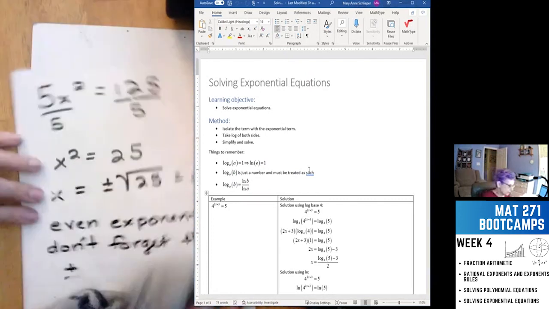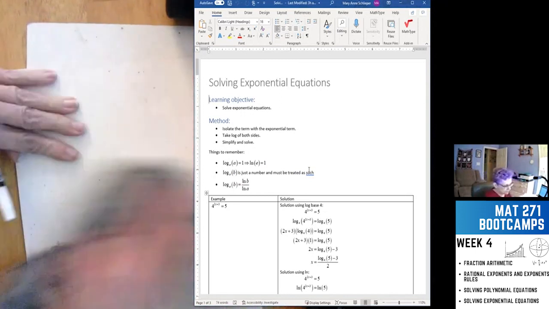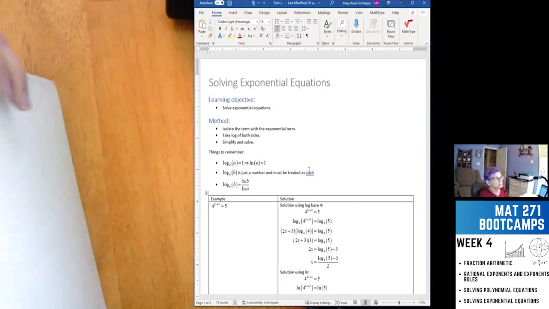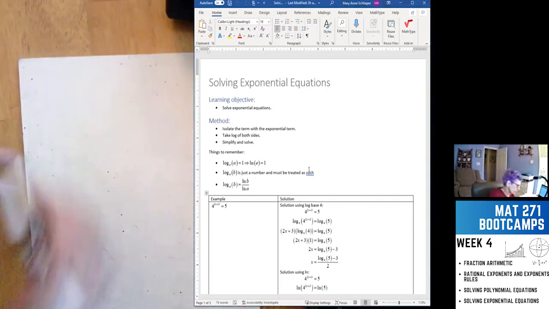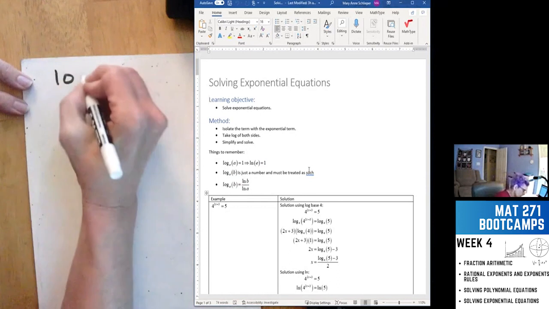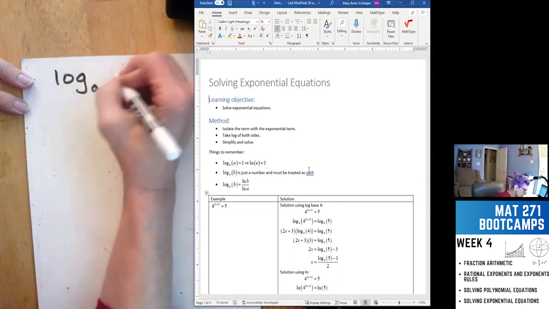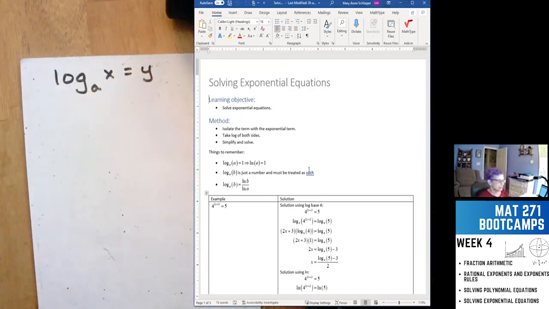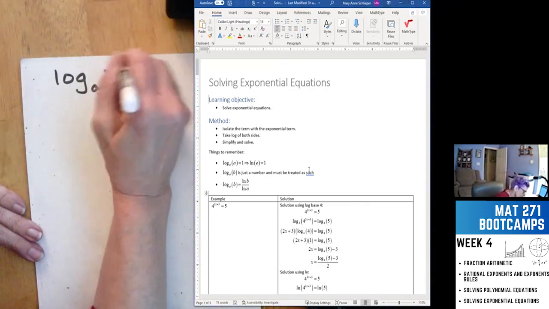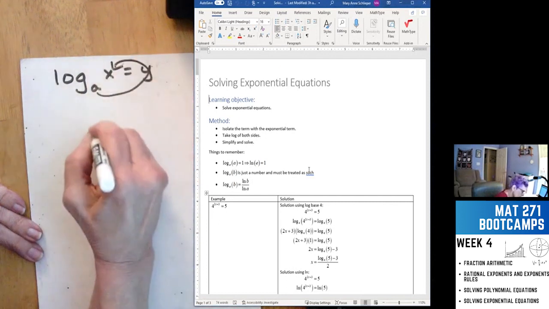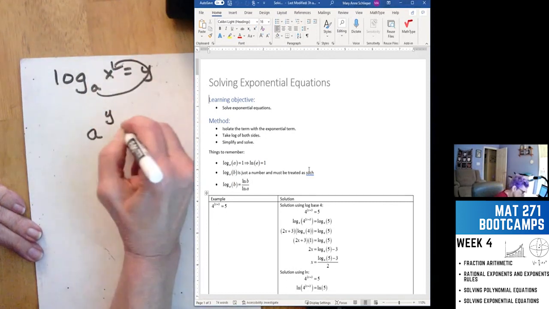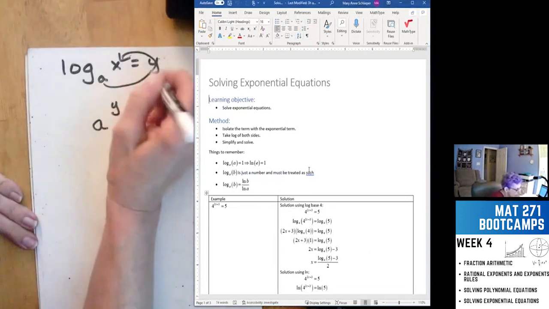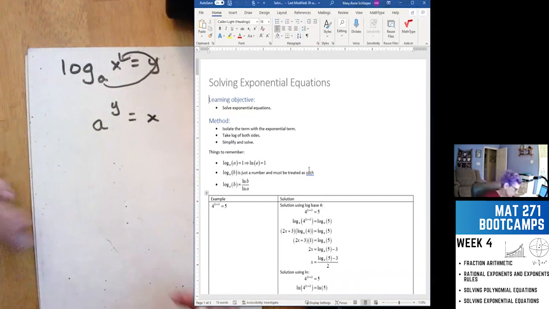Rules about logarithms, because logarithms are what we use to solve exponential equations. Log base a of x is equal to y. What does that mean? That means that a to the y power equals x. That's how I remember it. I draw a little loop.